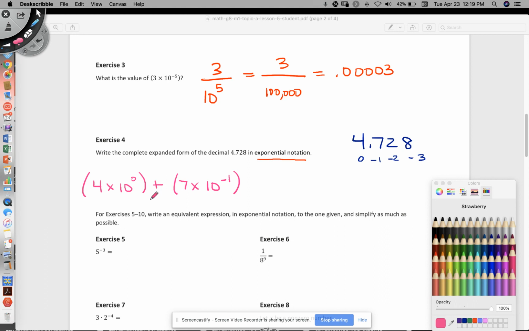Plus 2 times 10 to the negative 2nd plus 8 times 10 to the negative 3rd. And that's it. I'm going to let you try exercises 5 through 10, and then I will meet you back for exercise 11.